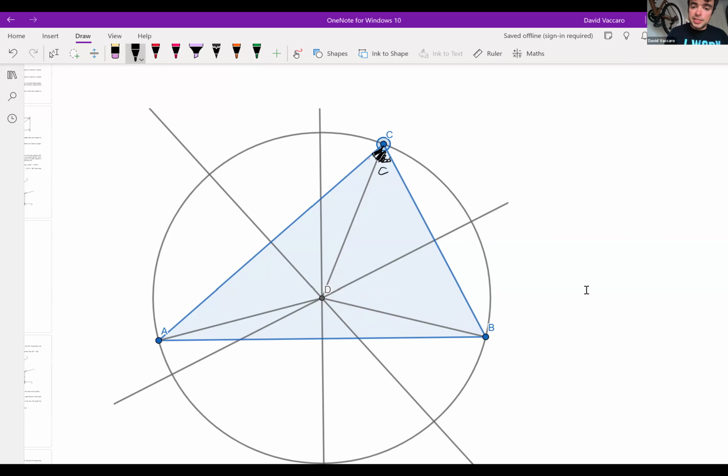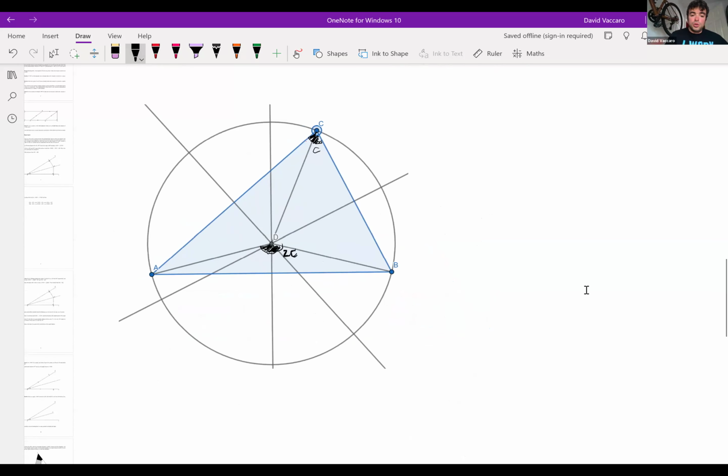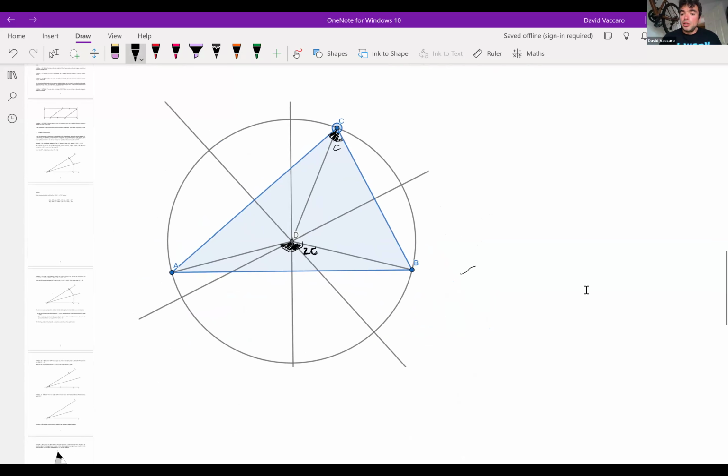Luke has told me that if this angle is C, this angle here is 2 times C. Well, let's look at the triangle at the bottom. So this is my triangle ADB.